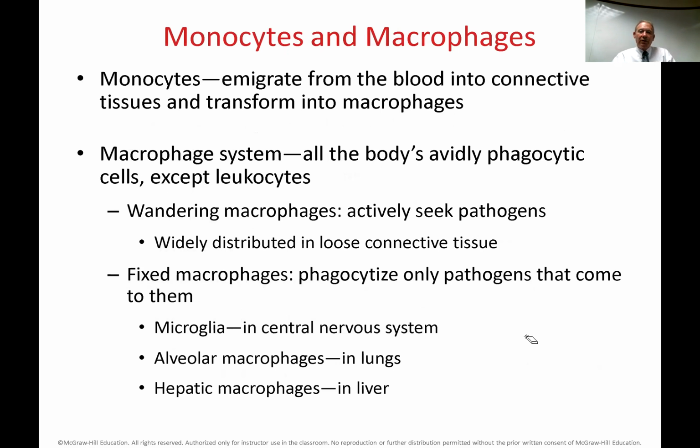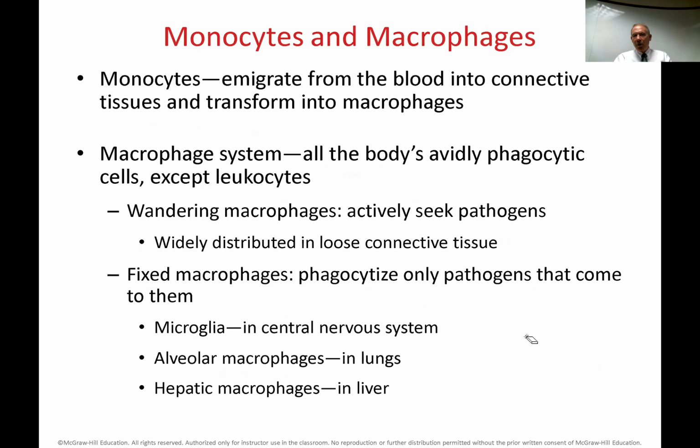Other white blood cells. Monocytes, and associated with monocytes are macrophages. Monocytes will circulate in the blood for 24 to 72 hours, then they'll leave the bloodstream, go into connective tissue, and at that point they're called macrophages. And macrophages seek out pathogens to eat up.